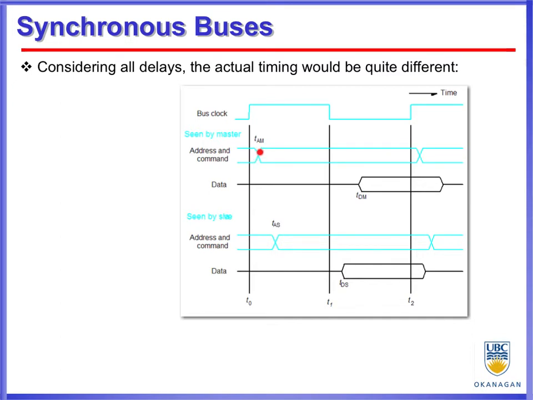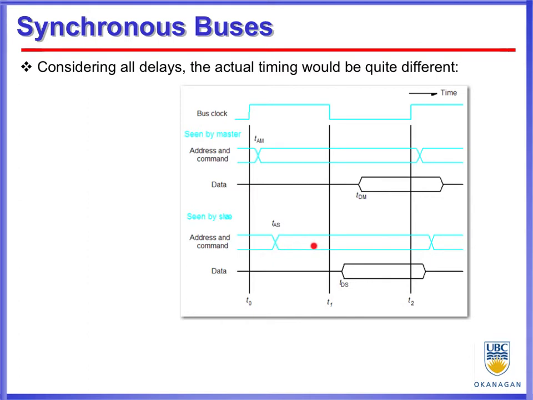And so it takes a little bit of time before it actually hits the bus, okay? And then there's a little bit of propagation delay before the slave sees that change of address and command information on the bus, okay? So even though theoretically it's happening here, the slave doesn't actually see it until this time later, okay? So there's the propagation delay, and now, of course, you need decoding delay, okay?